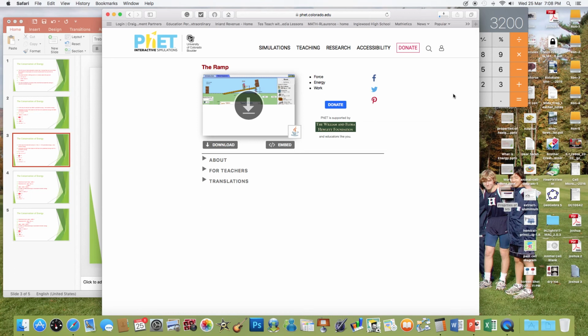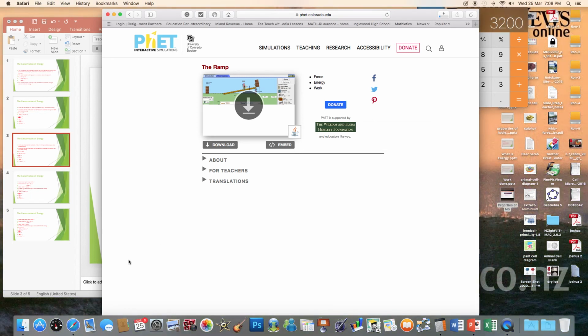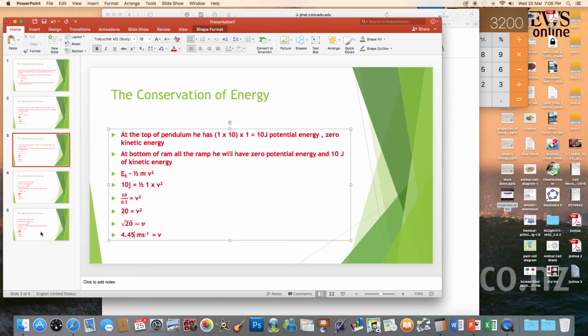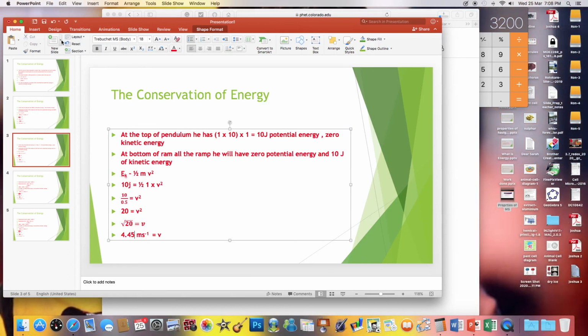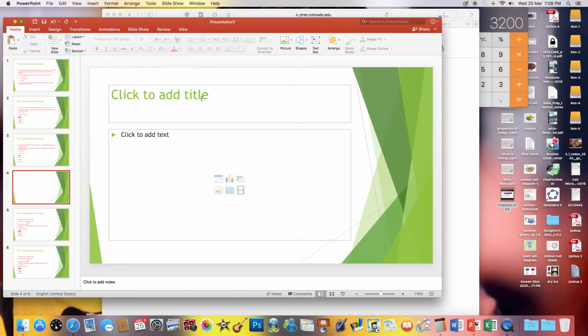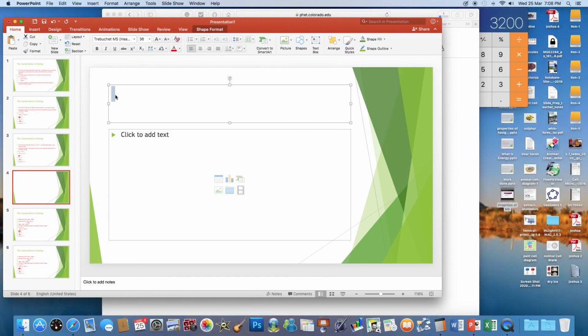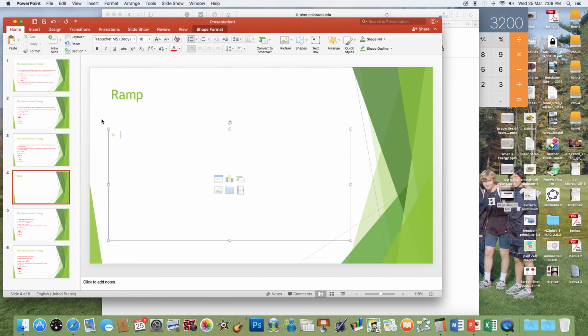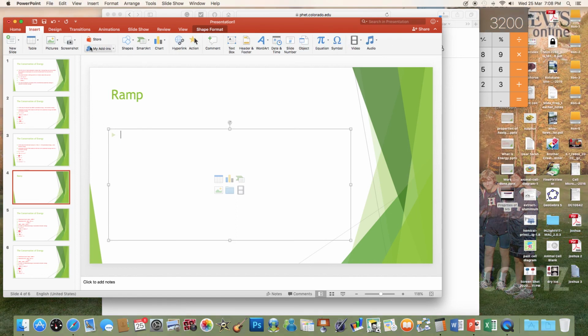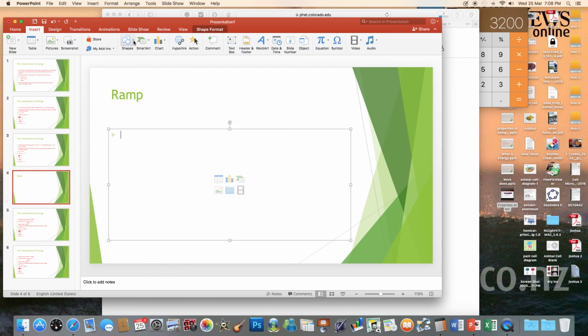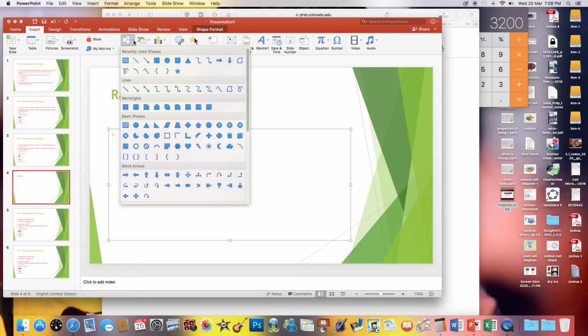Let's get going here. The point being is that in a ramp, if I go back here and put a new slide in, a new one of these, and put ramp, and I put in a shape instead of shape, this is a question that they really like to show or to talk about.